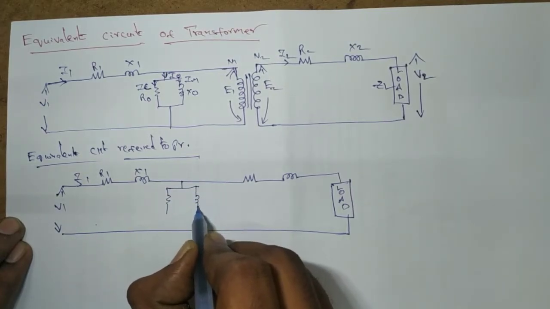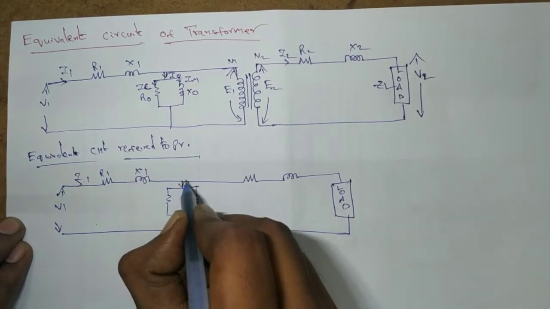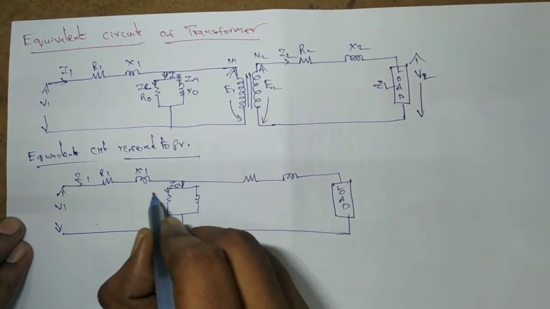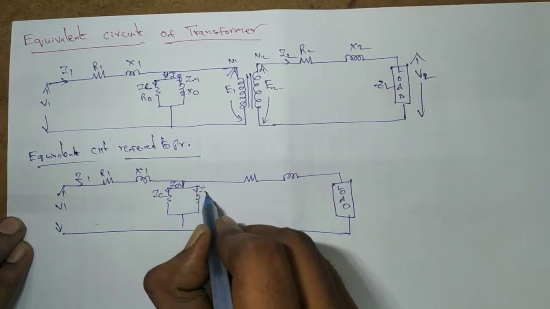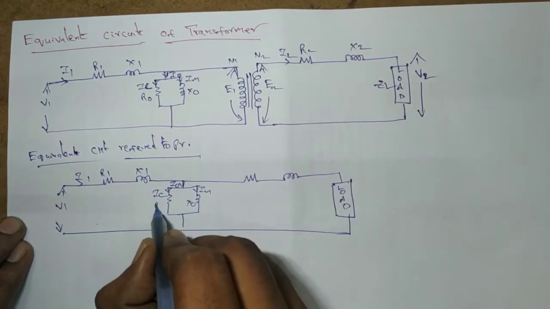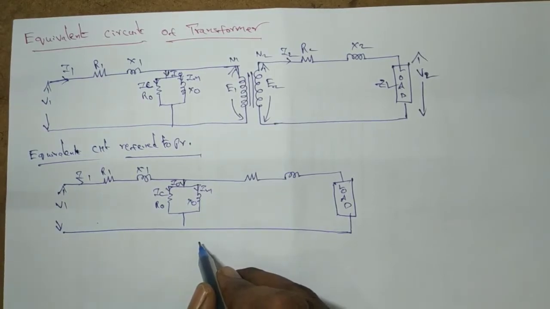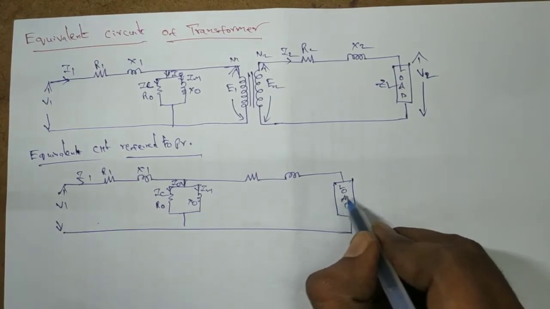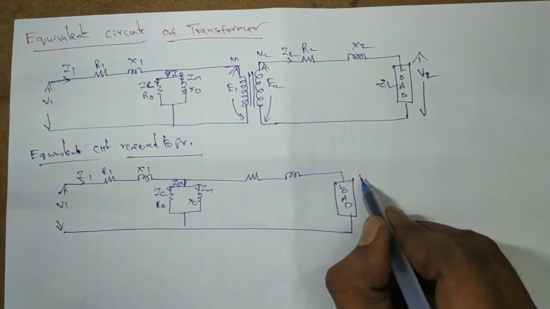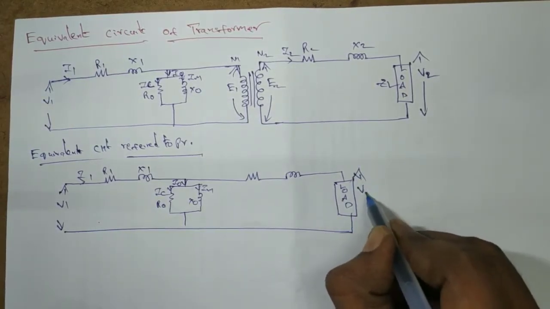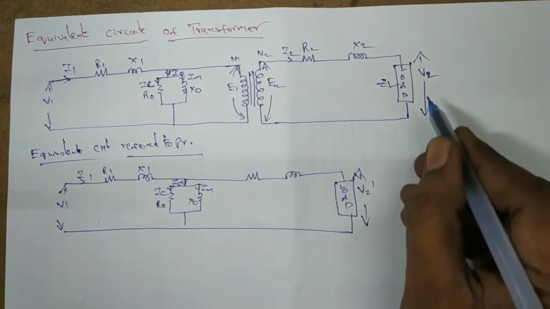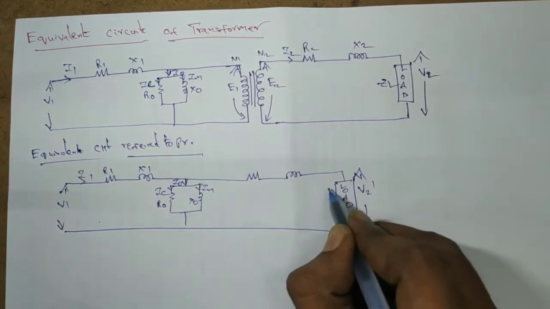So we should write as it is, just like in the first diagram, I0, IC, X0, IM and R0. The voltage drop across this no load component is nothing but E1, and across load the voltage will be equal to E2 dash, because it is E2 of the secondary shifted to primary, means E2 dash.